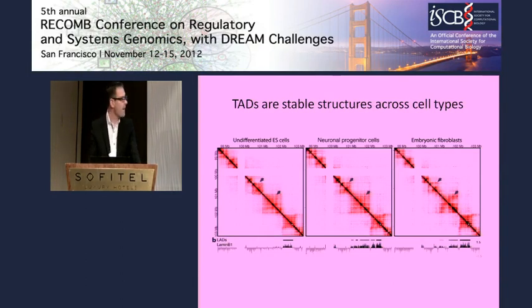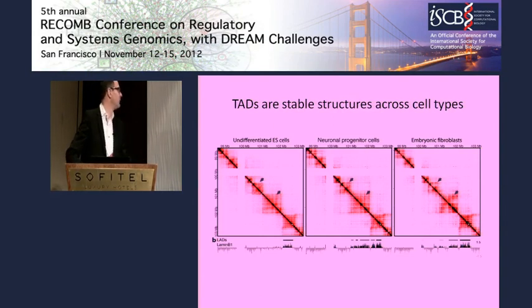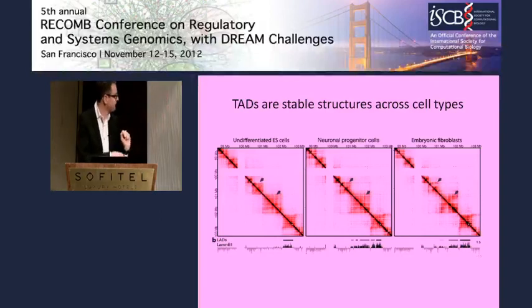What happens to these domains when these ES cells start differentiating into different cell types? So here we have the contact map of undifferentiated ES cells. When these cells are differentiated into neural progenitor cells, we see that domain structure remains intact, even though gene expression, as I'll show you in a second, changes dramatically.